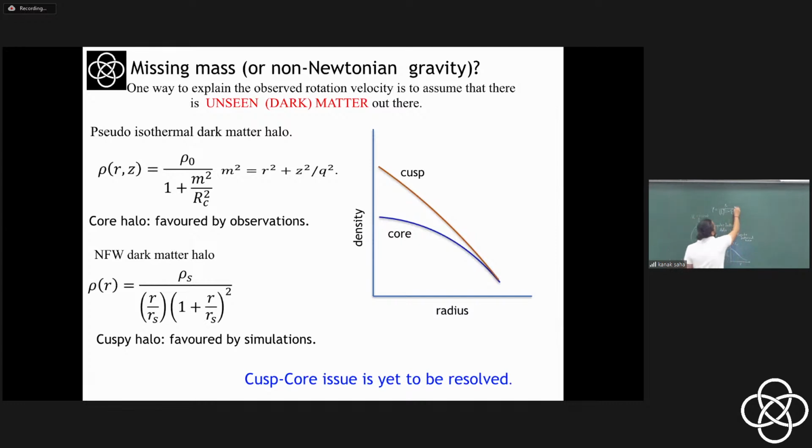This is called the generalized NFW. For alpha equals 1, this is NFW.